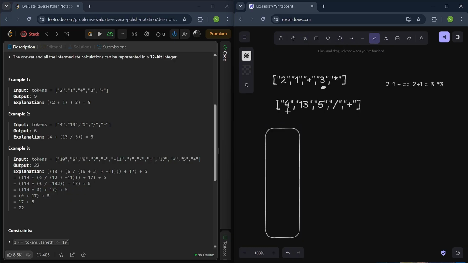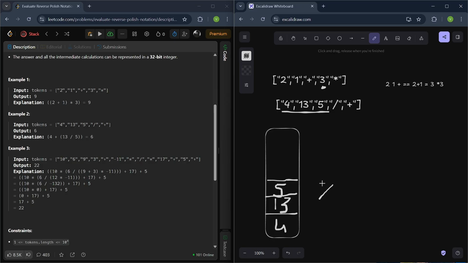So what we have seen for reverse Polish notation solving, we first have to consider all the numbers in the array. So all the numbers that are there first in the array, we are going to insert them, that is 4, 13, and then 5. All the numbers we have inserted until an operator comes.